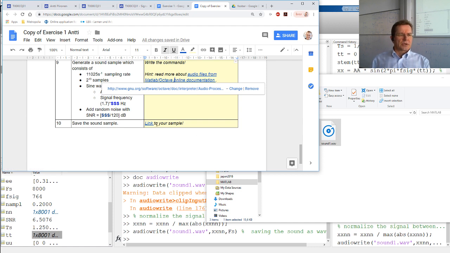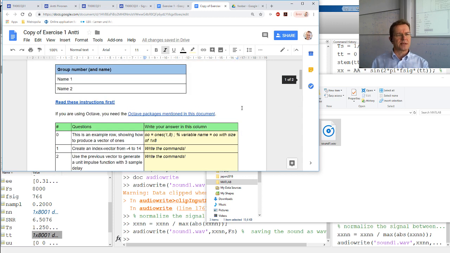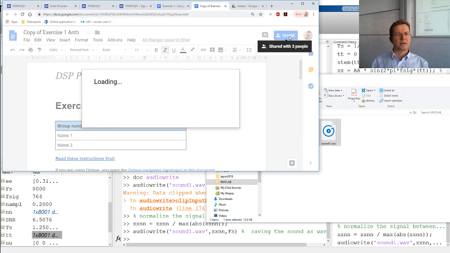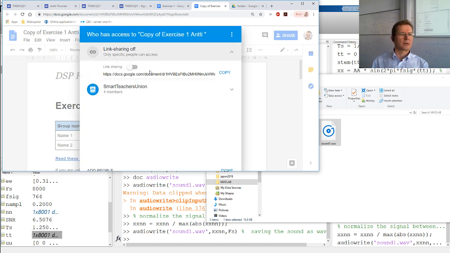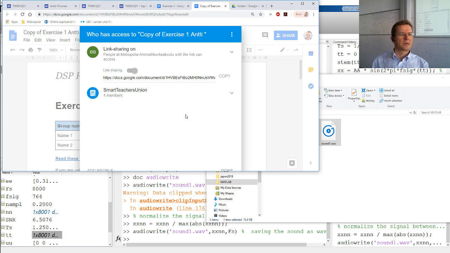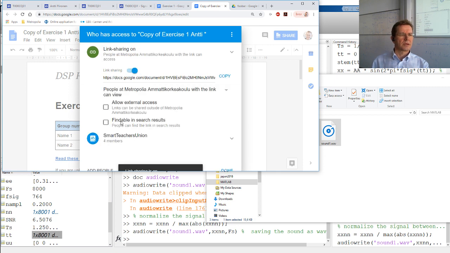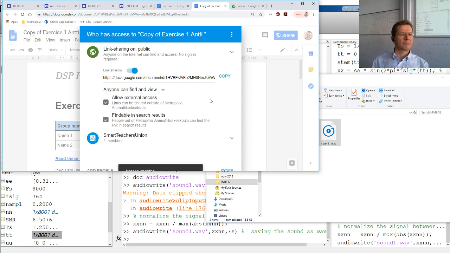Same actually goes with this one. When you have done the exercise, you share it, so that anyone with the link can find and view.